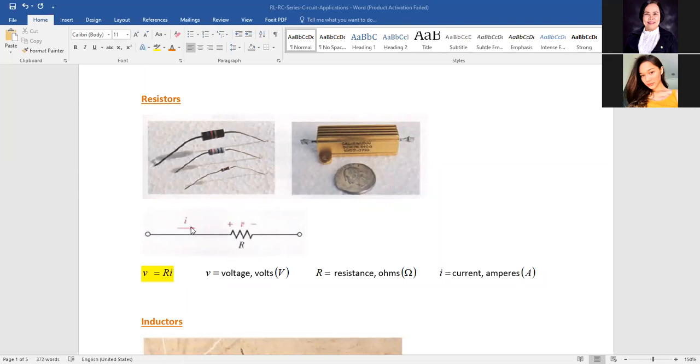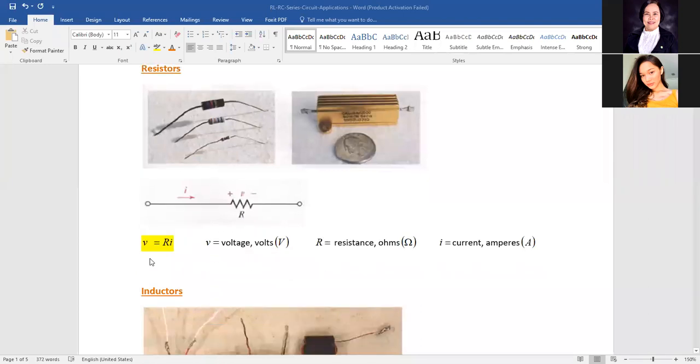And this is your current I passing through this particular circuit element we call the resistor, and in the process having a particular potential already. So this particular element has already a potential difference due to the passage of the current to it with this particular voltage.